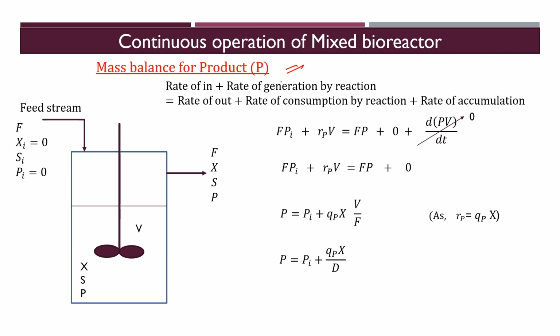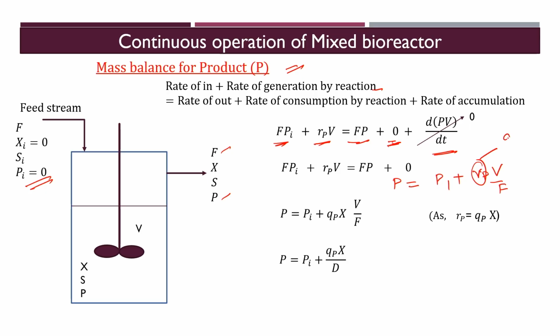Similar mass balance we can do for the product. So, product in typically it is 0, but we will be writing F into Pi plus rate of generation Rp into V, going out F into P, utilization 0 and at steady state rate of accumulation is 0. So, we are ending up with P equals Pi plus Rp V upon F. And what is Rp?